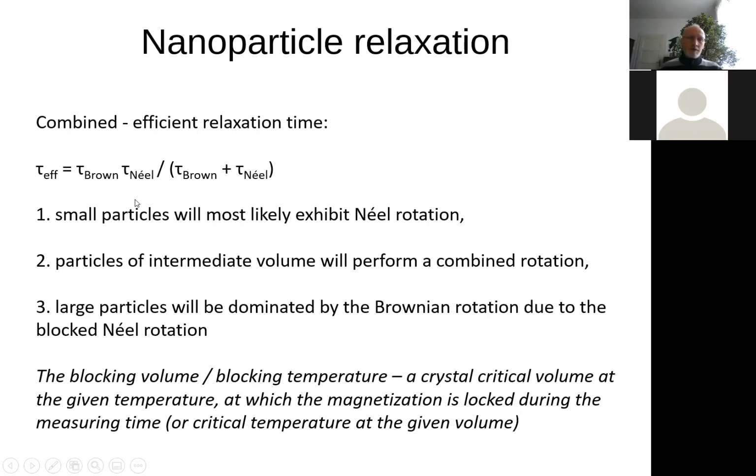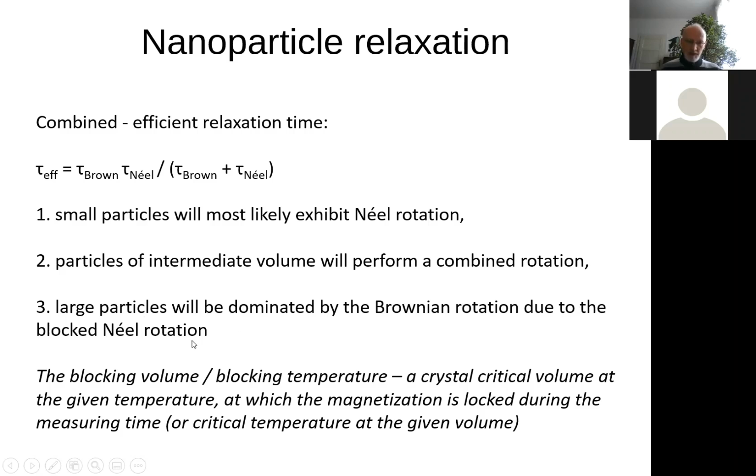Also, it's quite interesting that small particles will most likely exhibit Néel's rotation, while large particles will be dominated by Brownian rotation due to so-called blocked Néel's rotation.